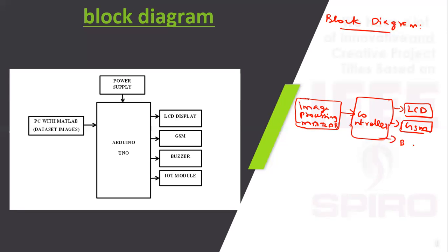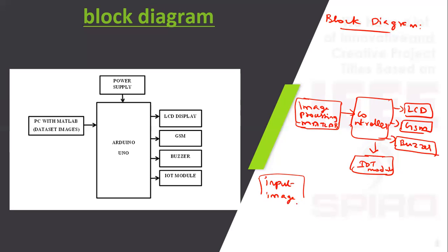And for an abnormal condition, like if the input image has skin cancer, then that is abnormal. So the buzzer will sound and IoT will update the output data result on the web page. In image processing, we give the input image, that is the patient skin image.